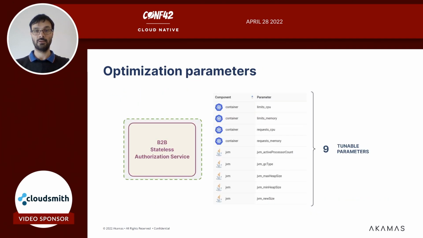Once we have defined the optimization goal, the next step is to define the parameters of the system that the machine learning can optimize to improve our goal. In this scenario, 9 tunable parameters were considered in total. 4 parameters are related to Kubernetes container sizing, CPU and memory request and limits, which play a big role in the overall service performance, cost, and reliability. And the 5 parameters are related to the JVM, which is the runtime that runs within the container.